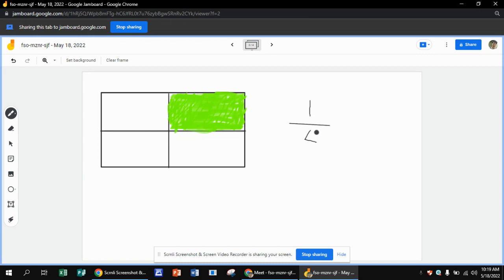How can we read this one? 1 over 4, or 1/4. Alin sa dalawa, 1/4 or 1 over 4.